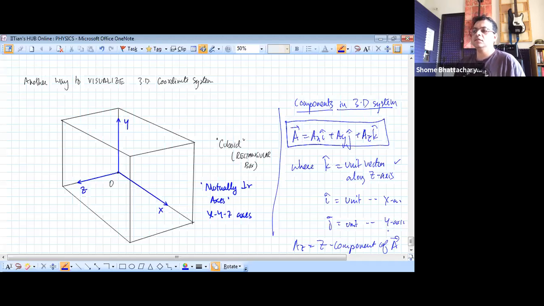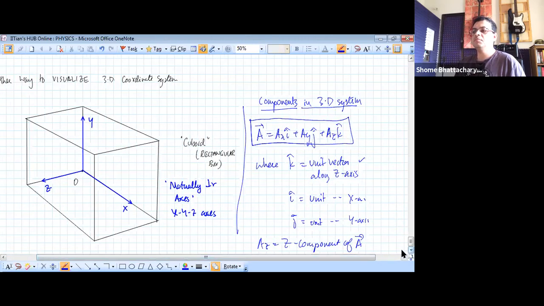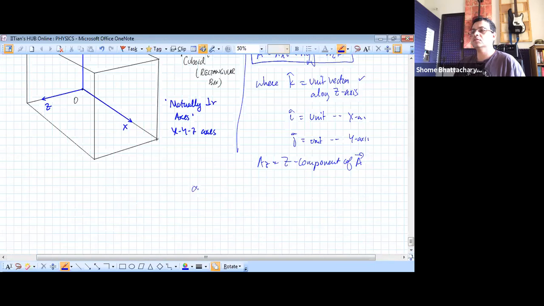And just like in 2D, you had the magnitude of a vector as root of ax square plus ay square, in 3 dimensions, the magnitude of the vector becomes root of ax square plus ay square plus az square. So for example, suppose I have a vector E, which is 3 i cap plus 12 j cap plus 4 k cap.